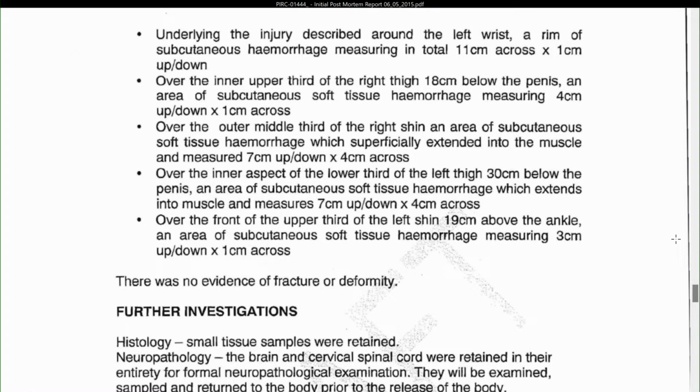And at the very final bullet point, again, an injury to the left shin area. I'm wondering if you can help the chair understand what could have caused this type of injury, this type of hemorrhage in that area.